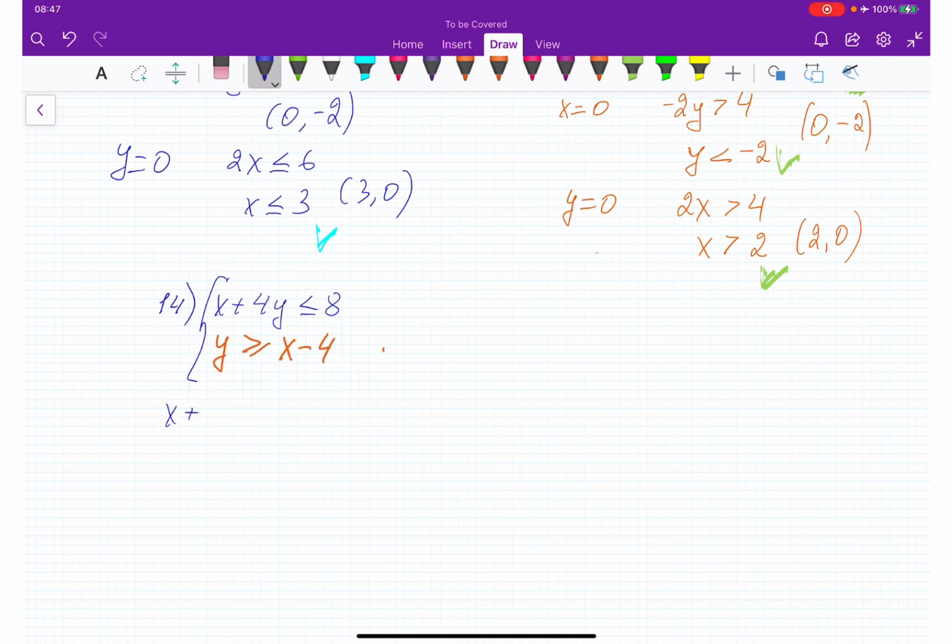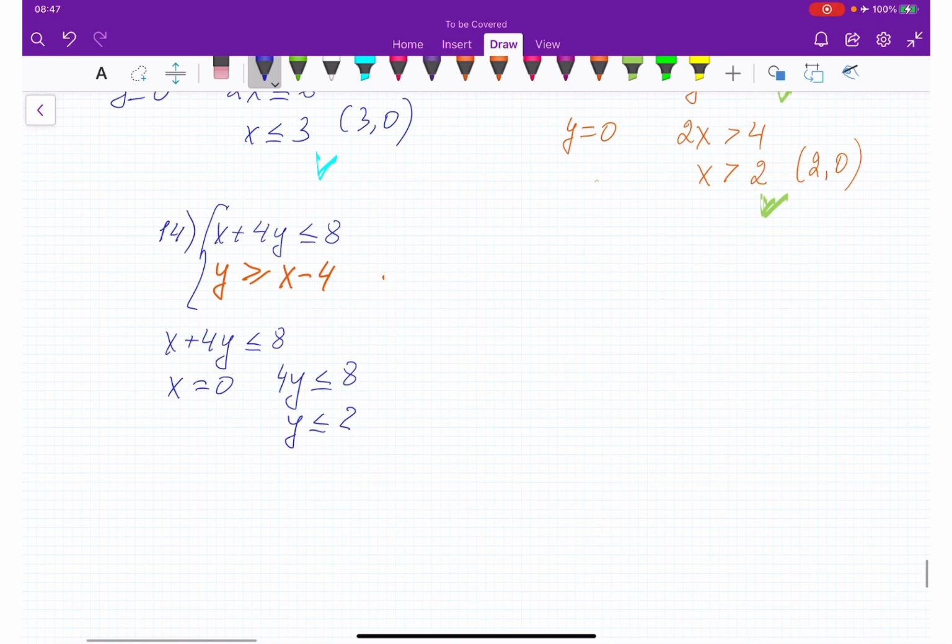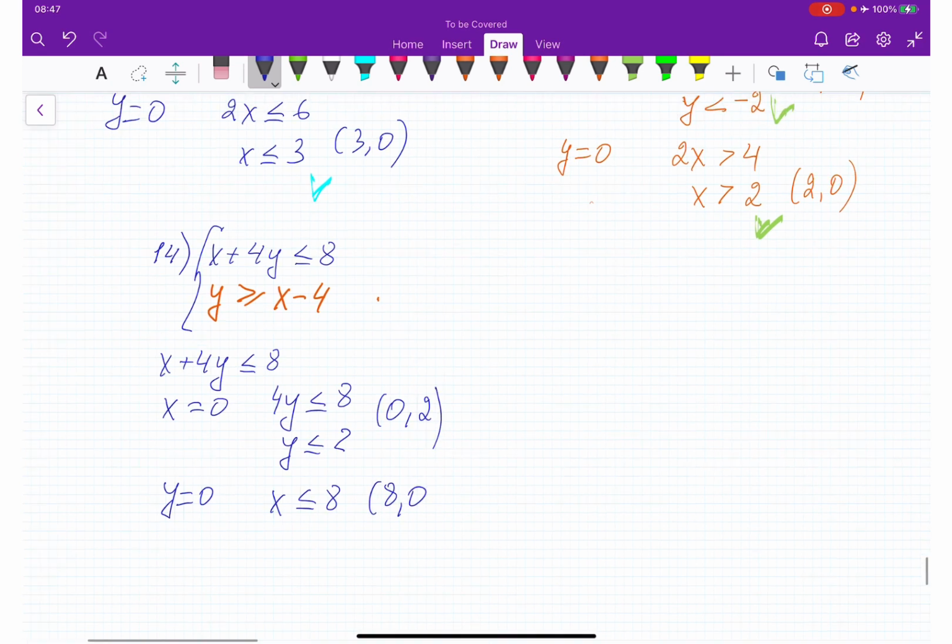X plus 4y less than or equal to 8. So from here, x is equal to 0, and 4y is less than or equal to 8, y is less than or equal to 2. Okay, next, y is equal to 0, then we get x less than or equal to 8. So the coordinate for the first one is going to be 0 and 2. For the second one, it's going to be 8 and 0.